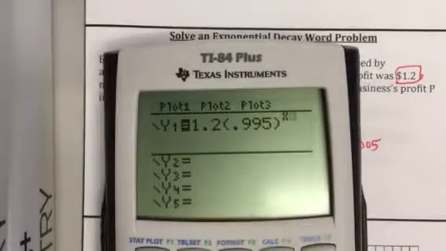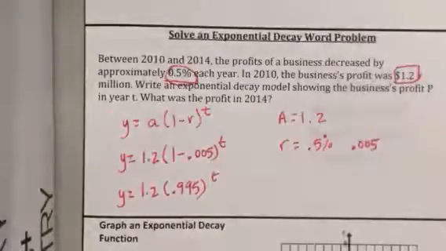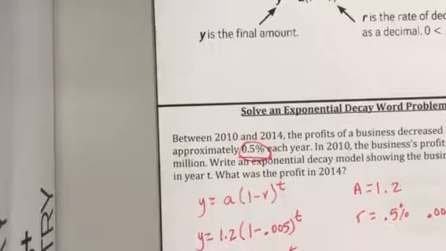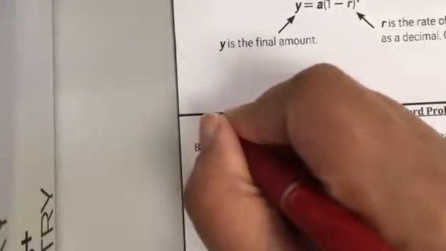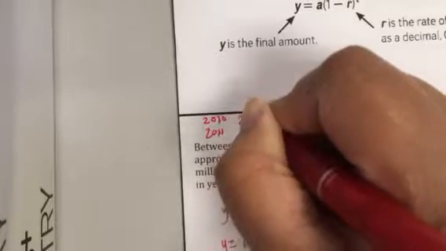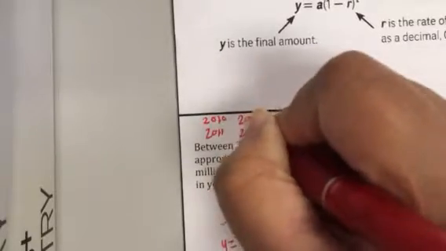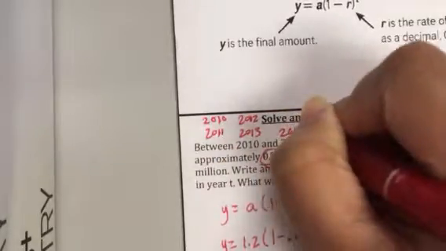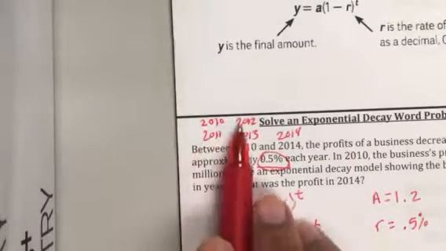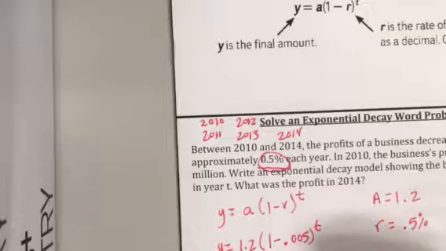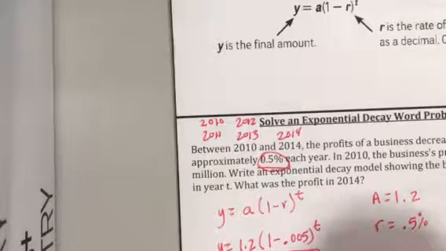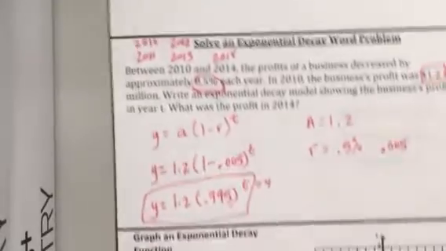Okay, so we want to know what the profit is in 2014. So just like before, we're going to do 2010, 2011, 2012, 2013, 2014. So if you look, you don't count your first year. So 1, 2, 3, 4. So we want to know what the answer is when t is 4.